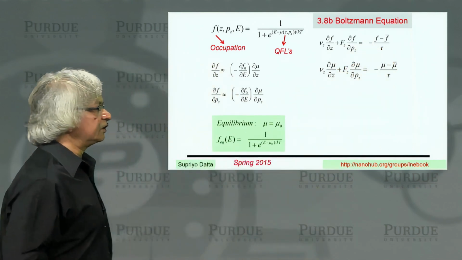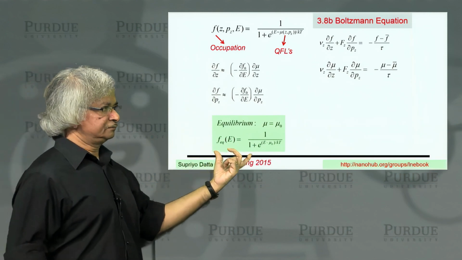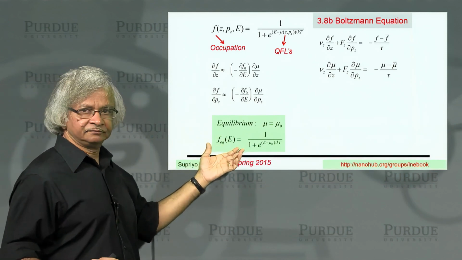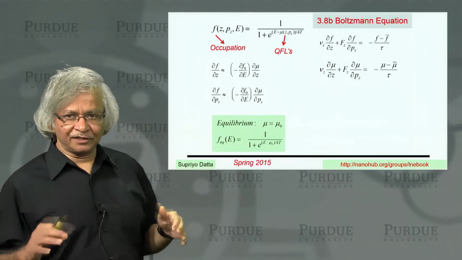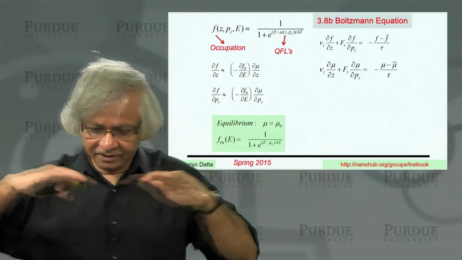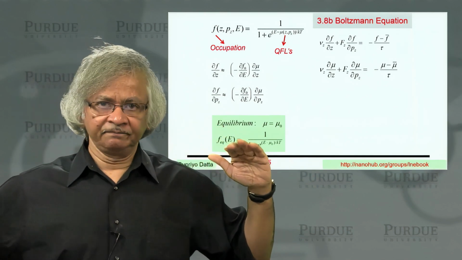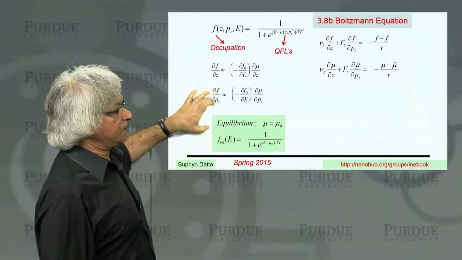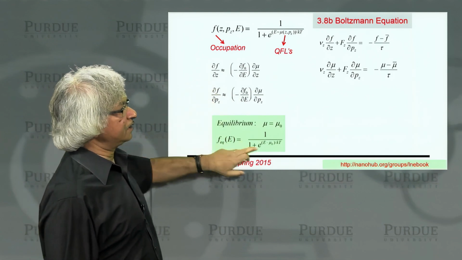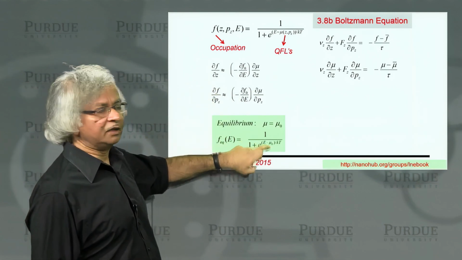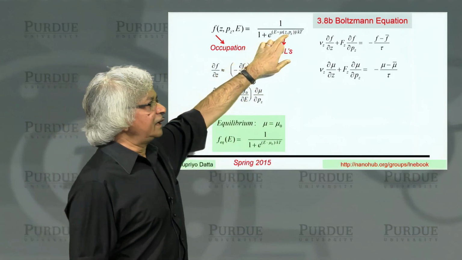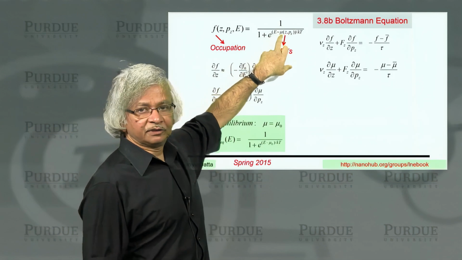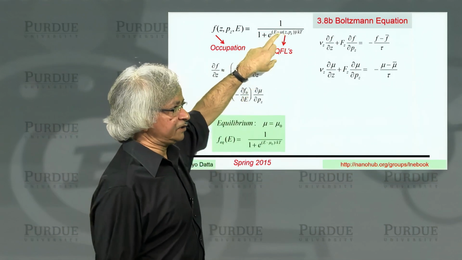So this is what you'd call the equilibrium solution. And the Fermi function, of course, is the equilibrium solution. That's what equilibrium statistical mechanics says: at equilibrium, it's the same chemical potential everywhere. But what we are interested in, of course, is the non-equilibrium solution. Under non-equilibrium conditions, not all mu's are equal. In general, every z and pz can have a different electrochemical potential or quasi-Fermi level associated with it.